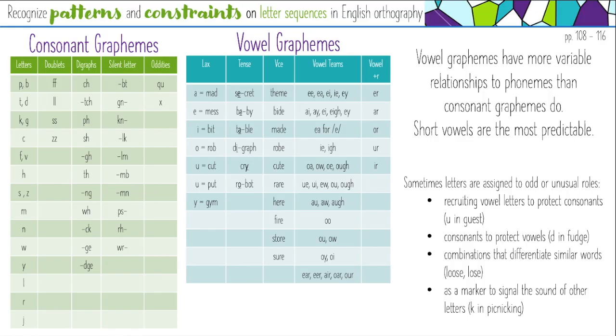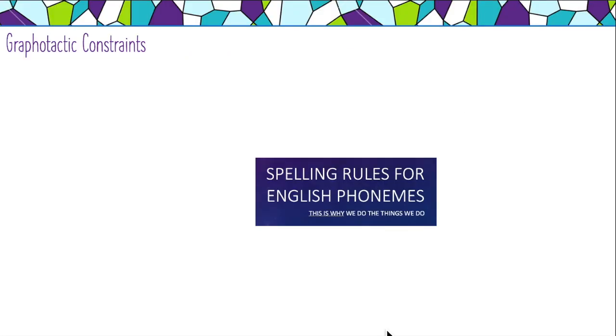But because there are so many, you might be asking yourself, well, how am I supposed to remember all these? Well, in the smart folder that I shared with you, there is a slideshow called Spelling Rules for English Phonemes. There's a really big one that has all of them in it. It just says new. And then I split it up into smaller sections so that it could open up on Google.